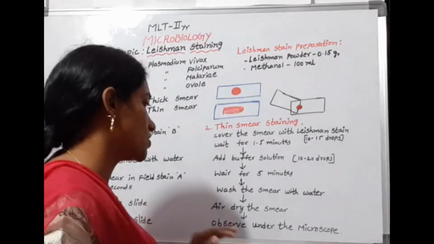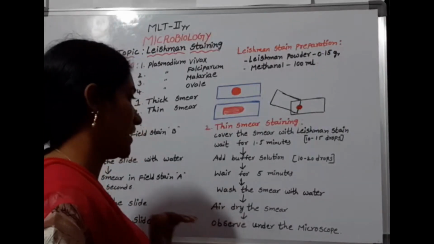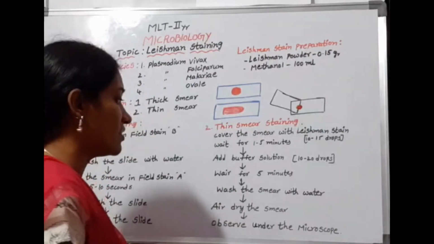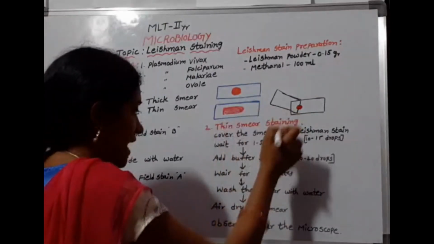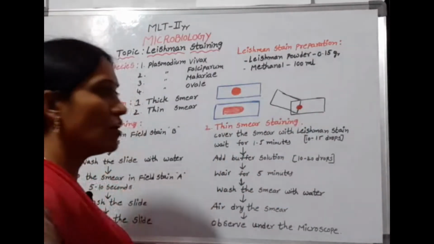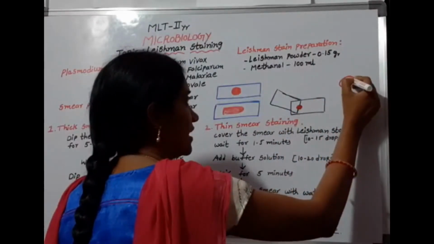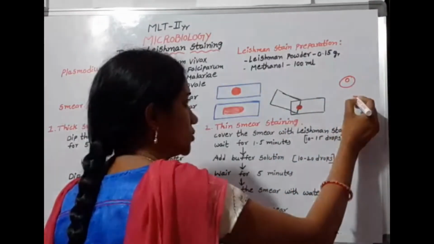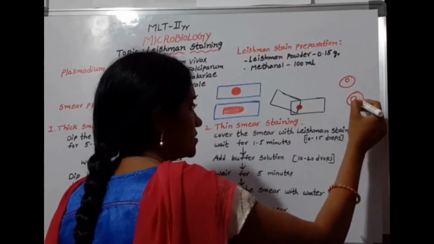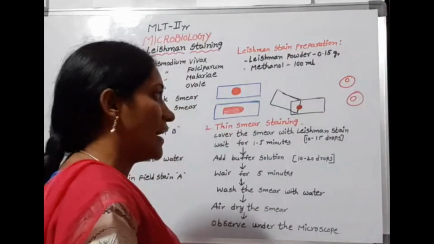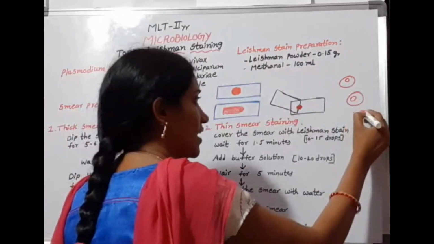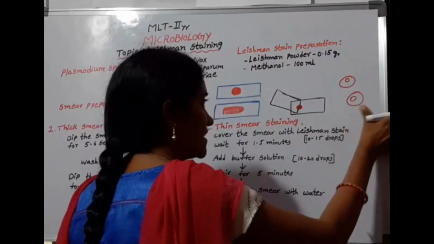After smear preparation and staining, we observe the slide under the microscope. We identify different stages: the ring-like stage, the joint stage, and the gametocytes.